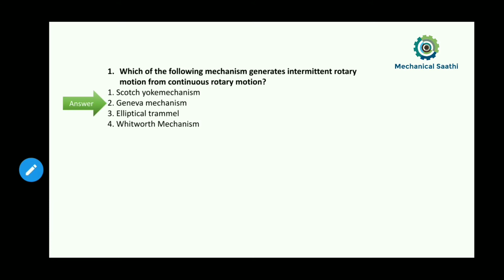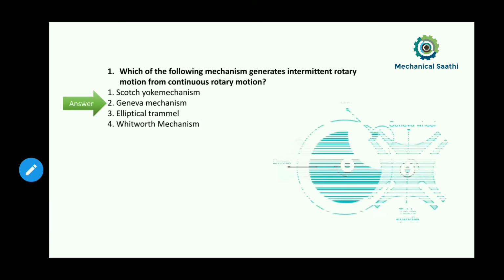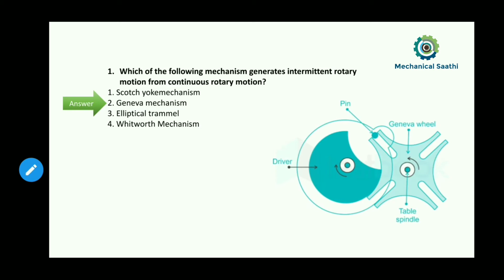So let us see the construction and how it transfers motion. There are some parts: this is the driver wheel and this is the driven wheel, also called the Geneva wheel, and on the driver wheel there is a pin.